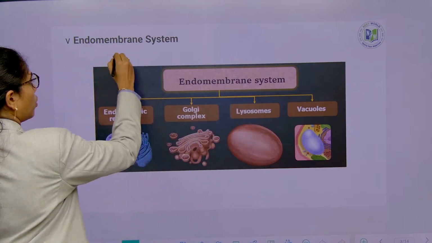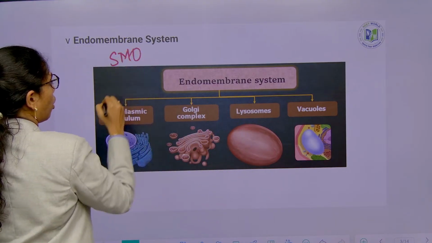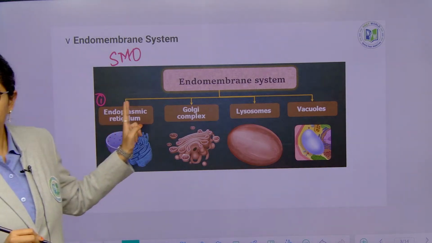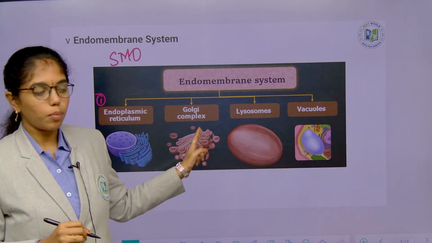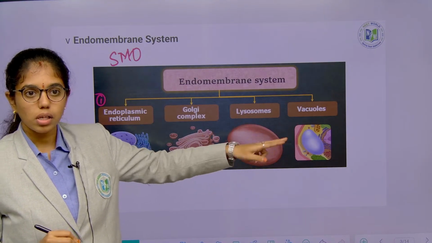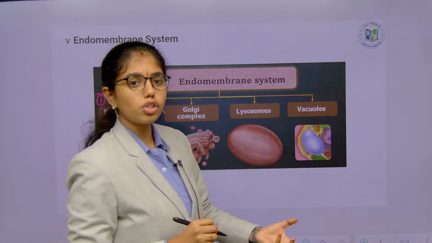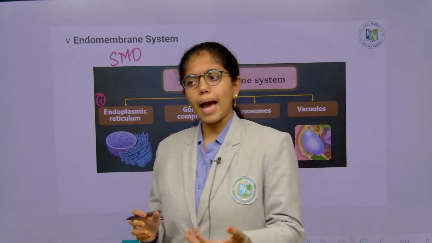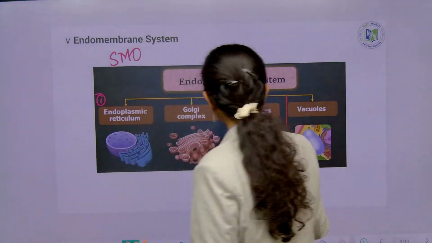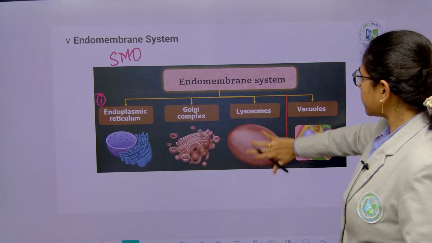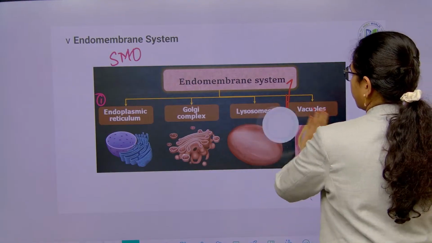Single membrane bound organelles. Good. Of which the very first organelle is endoplasmic reticulum, second Golgi bodies, third lysosomes, and fourth vacuoles. In animal cells the presence of vacuoles is very limited. So in animal cells you can limit it up to here itself, in plant cells it is up to vacuoles. Got it?